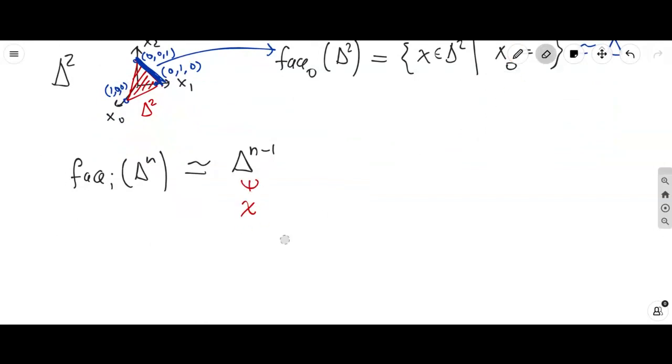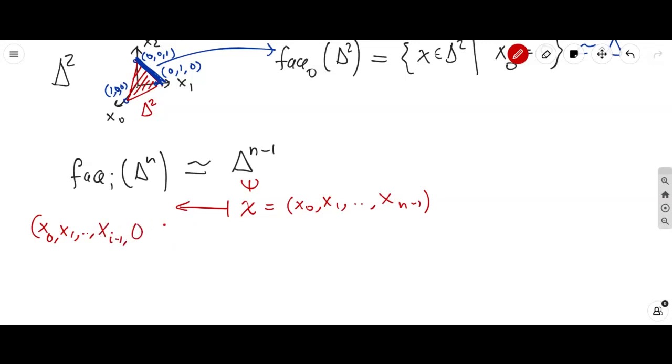If you have a vector in the simplex, with coordinates from 0 to n minus 1, you would keep everything the same, and into the ith position you insert 0, and then you continue xi all the way up to x n minus 1. So you have added in another number, which is 0, and that will give you the ith face because the ith position is equal to 0. So the ith face is going to be homeomorphic to an n minus 1 simplex.